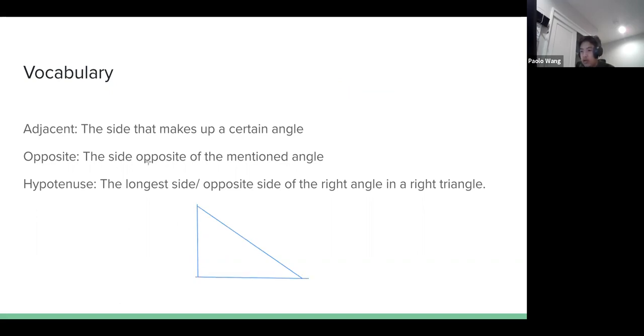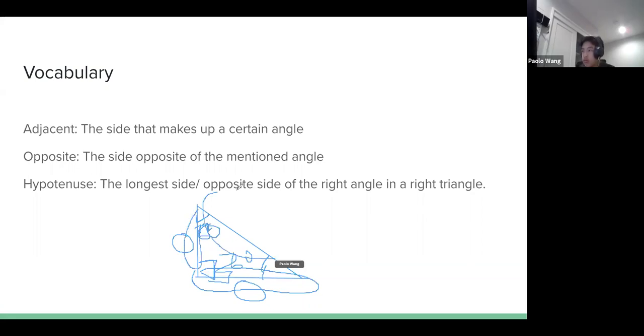Let's say we have a 30-60-90 triangle. This is 30 and this is 60. The adjacent sides of the 90-degree angle would be these two, and the adjacent sides of this one would be these two sides.